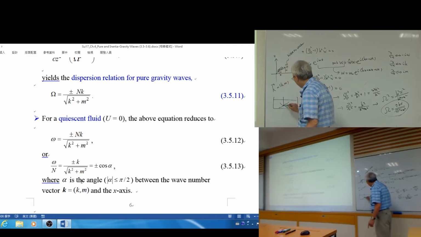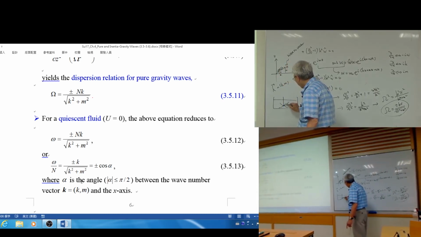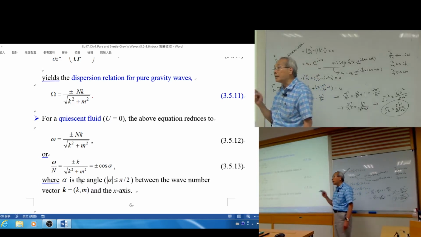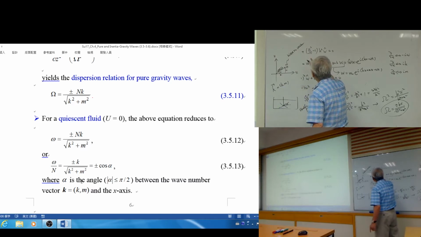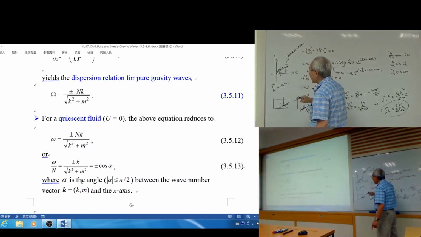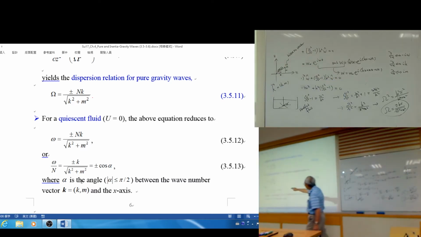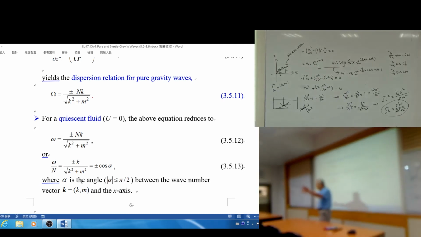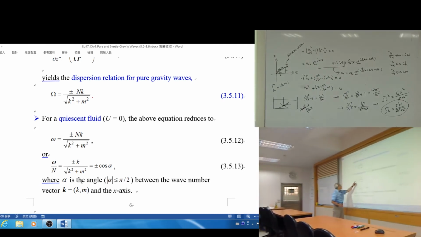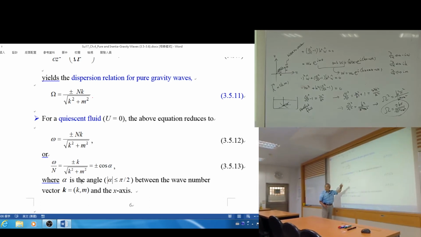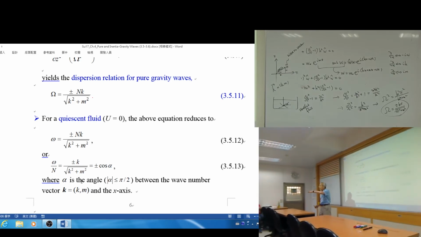Okay, and this is alpha, and that is determined by N and omega, because now it's quiescent, there's no basic flow, so determined by what? By k, omega, and N. How strong is your stratification?